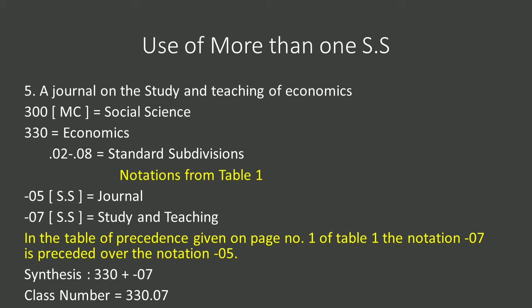We have to use only one standard subdivision. Either we have to use the notation of journal, or we have to use the notation of study and teaching. But which notation will we use? How can we decide? There is a rule.